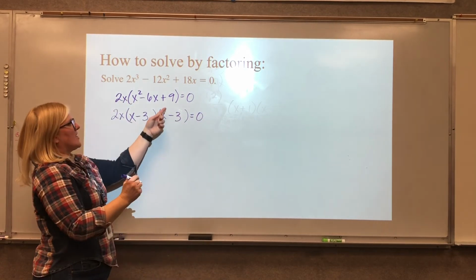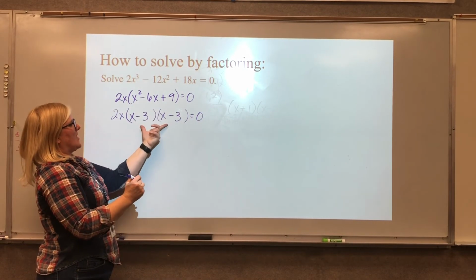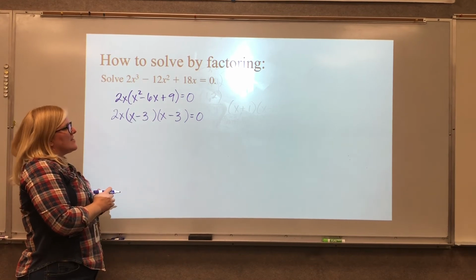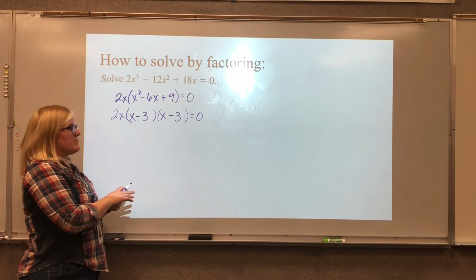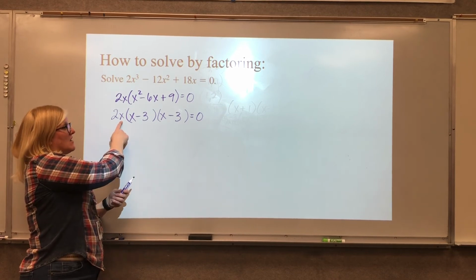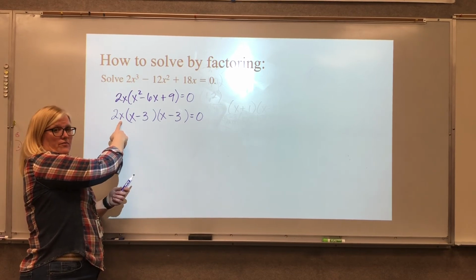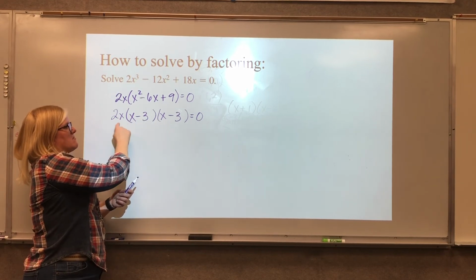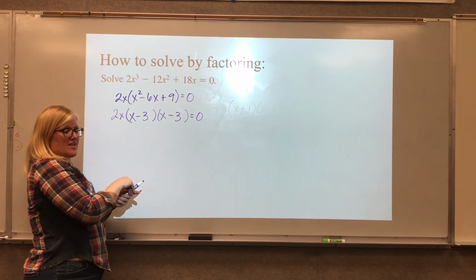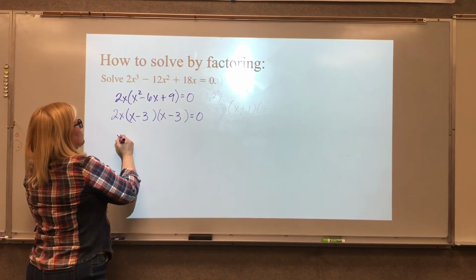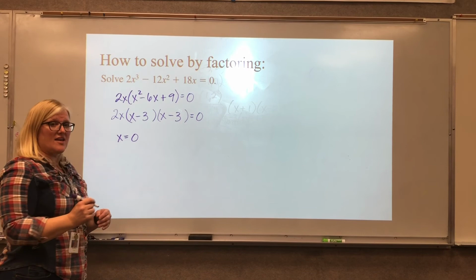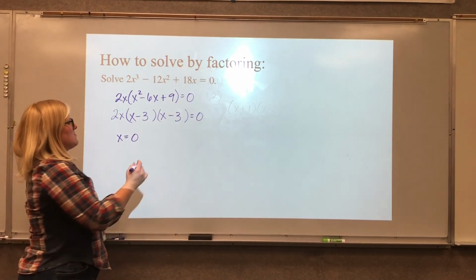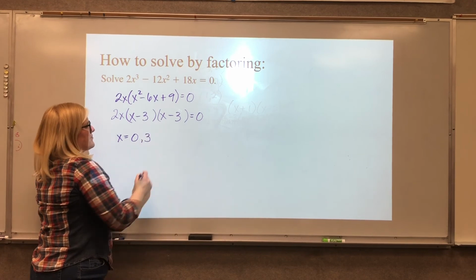Well, it's -3 and -3 multiplies to give me 9, and the two of them added together gives me -6. Okay, so in this problem, I had pulled out a 2x. So if x is 0, that makes this 0, and this -3 and this -3, but it doesn't matter because this is a 0, which makes the whole thing 0. So x equals 0 is one of my roots, or one of my zeros. The other one, these are the same, so the other one is 3.